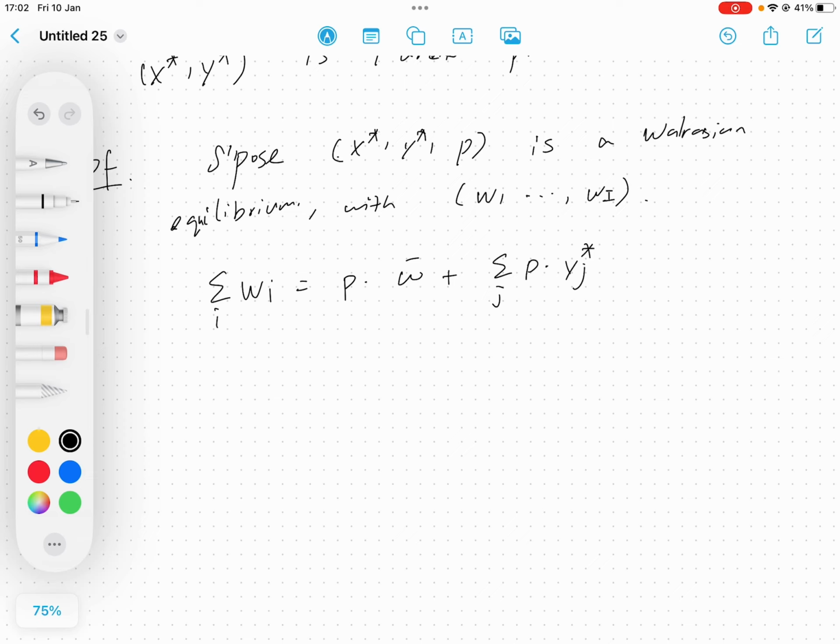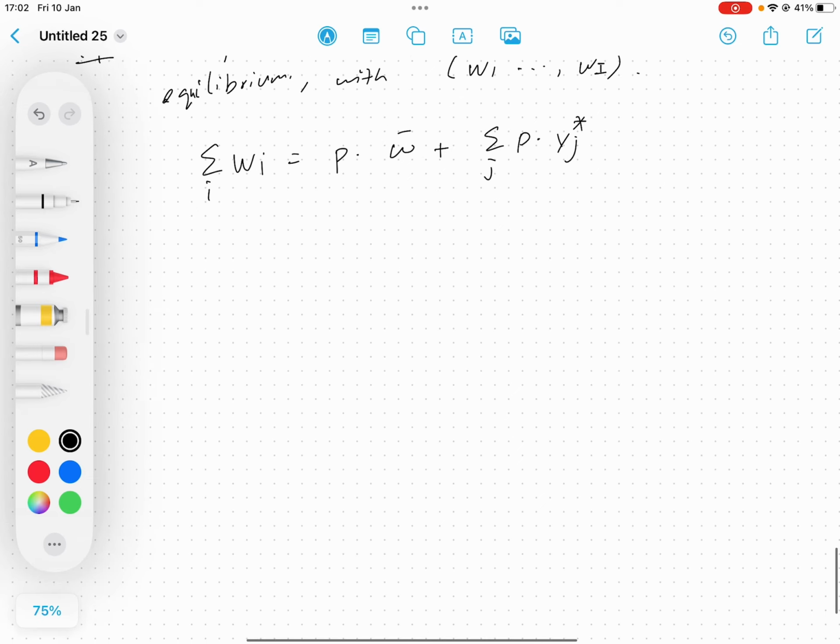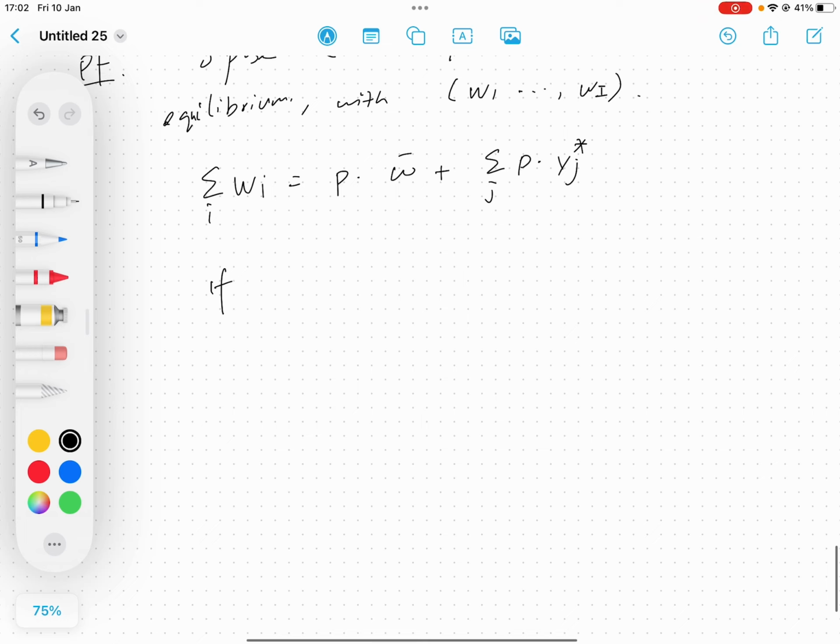if xi is strictly preferred to xi star, then p times xi has to exceed the budget that we have, and this is very straightforward.